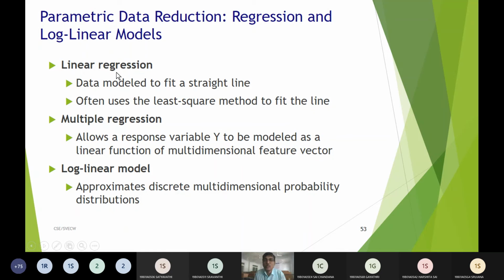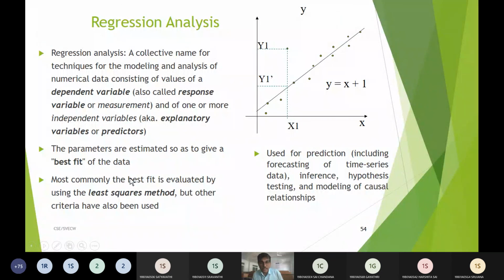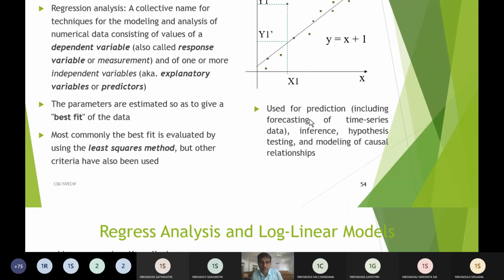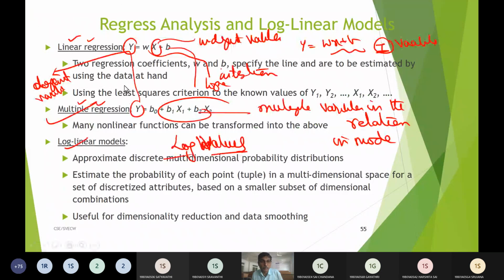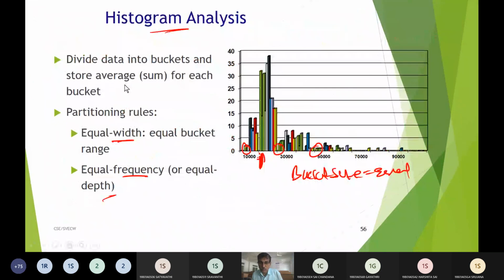If it has a correlation with multiple variables, we call it multiple regression. For the same numeric data, we compute the logarithmic values, and then we call it log-linear regression. So we take a two-dimensional space, put up the dependent and independent value relationship, and analyze it. That is the impact we get from the regression models.